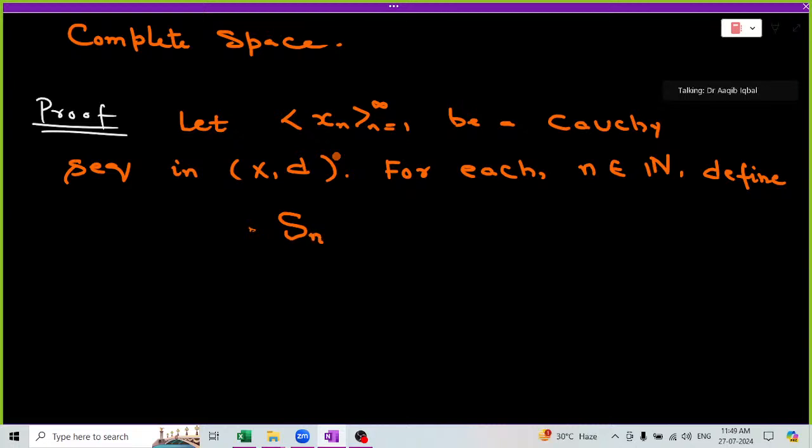What is this s sub n? Define s sub n as the set of all the terms in the sequence, including and after the nth term. That means it is going to be xn, xn plus 1, xn plus 2, and so on.